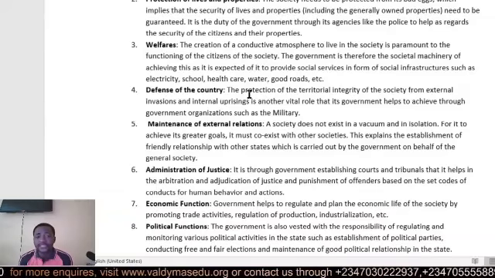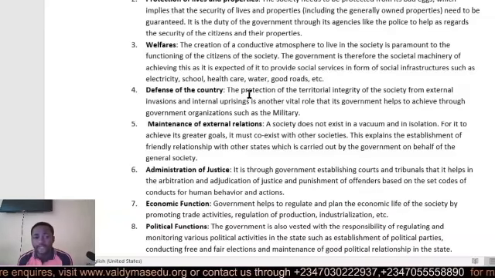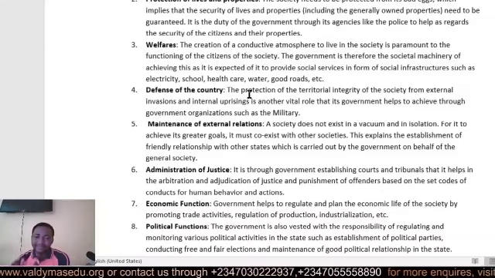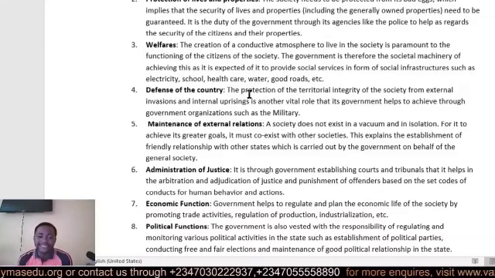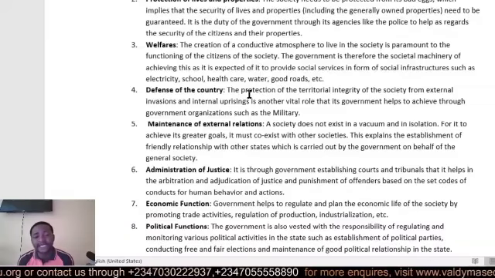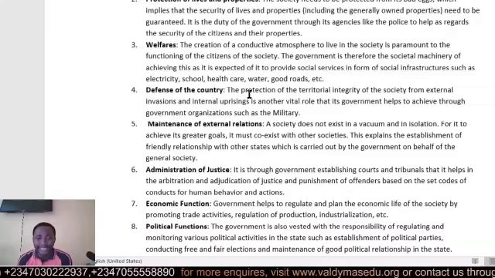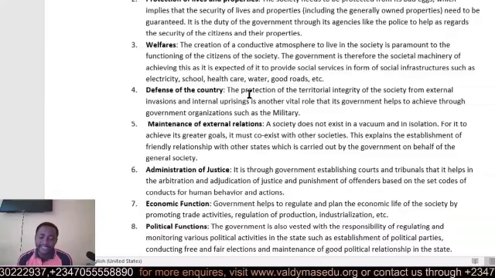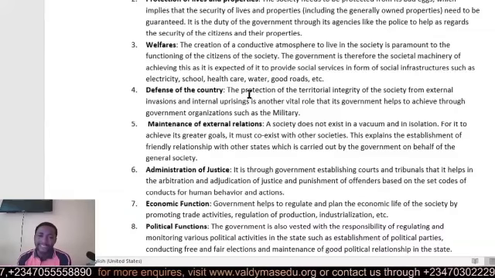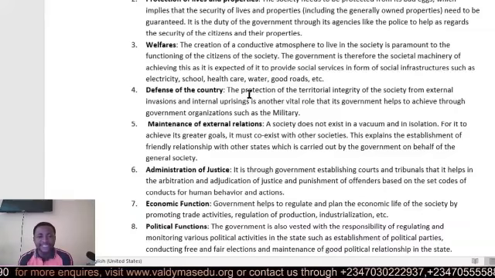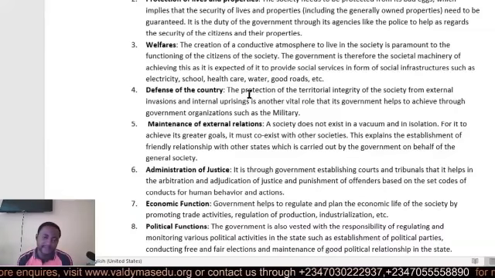Another very important role of government, or what necessitated the establishment of a government, is the maintenance of external relations. A government or a state cannot exist in isolation. A state needs other states to achieve its goals and objectives.